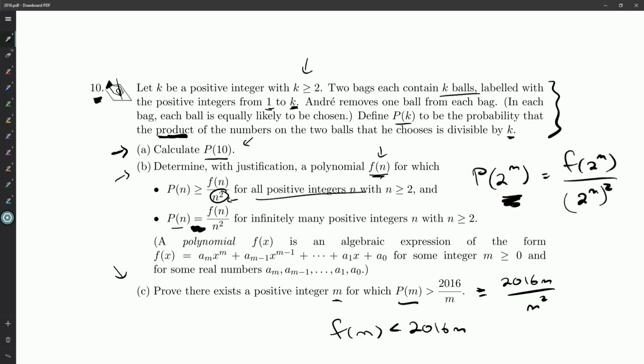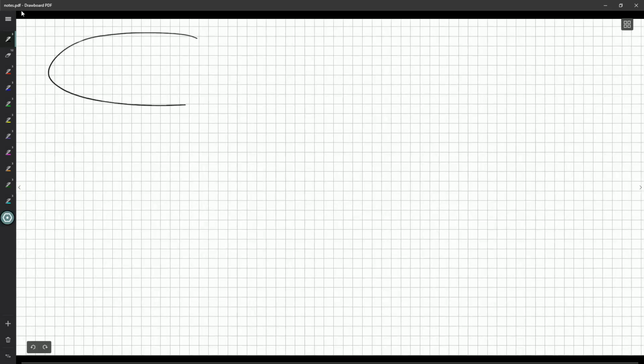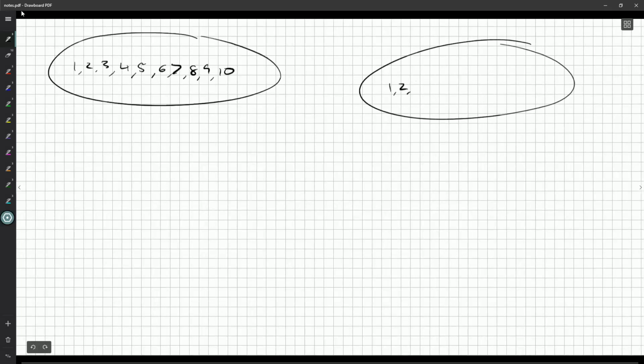Okay, well, let's start off easy. We'll just calculate A. So, in order to calculate P of 10, what are we doing? We've got sort of a bag over here, and it's got 1, 2, 3, 4, 5, 6, 7, 8, 9, 10. And then we've got a second bag over here with the same numbers.